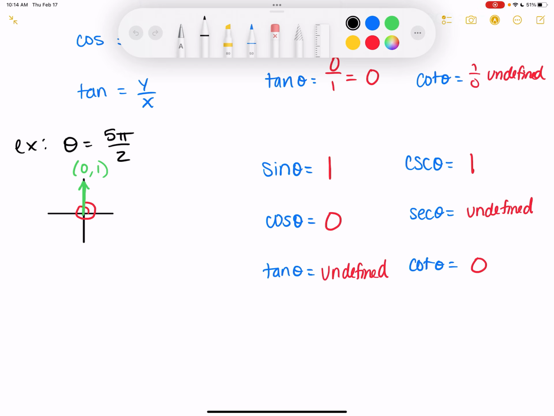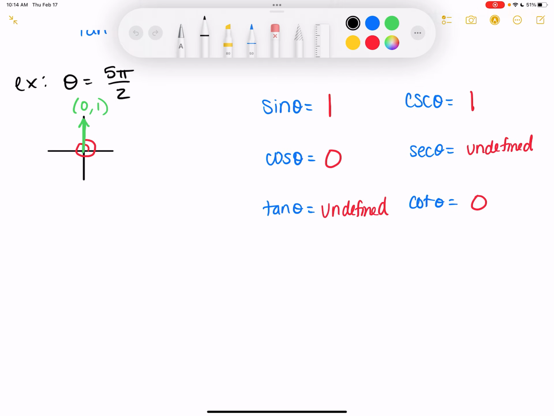All right, so the next thing we're looking at are the reference angles. These say to sketch the angle, then find its reference angle. Okay, so for 16, we're given the angle negative 100 degrees.